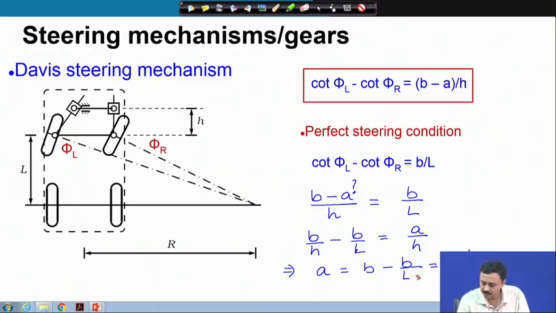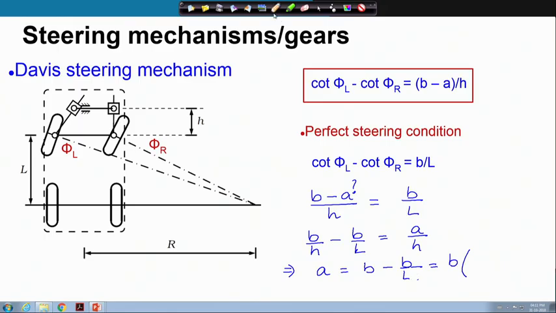This goes in the numerator. This becomes b times 1 minus h over L. So, that should be the length of the bar. Now, once we set a as per this prescription, then we have perfect steering. Therefore, Davy's steering mechanism can achieve perfect steering.